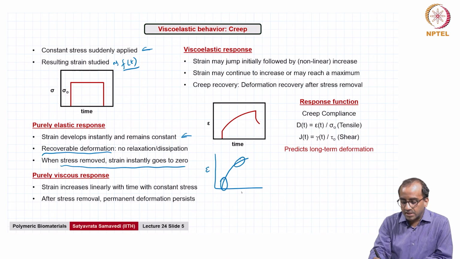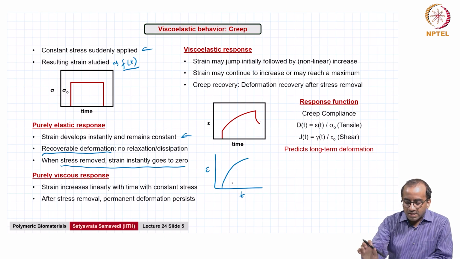This is strain versus time. The slope keeps dropping, and this is what is called creep. At constant stress or constant load, which does not change as a function of time, deformation continues to increase with time, right. Of course, non-linearly, because it is not purely viscous either. Remember, if it is viscous, it will linearly increase with time. This is a non-linear increase because it is a viscoelastic response.